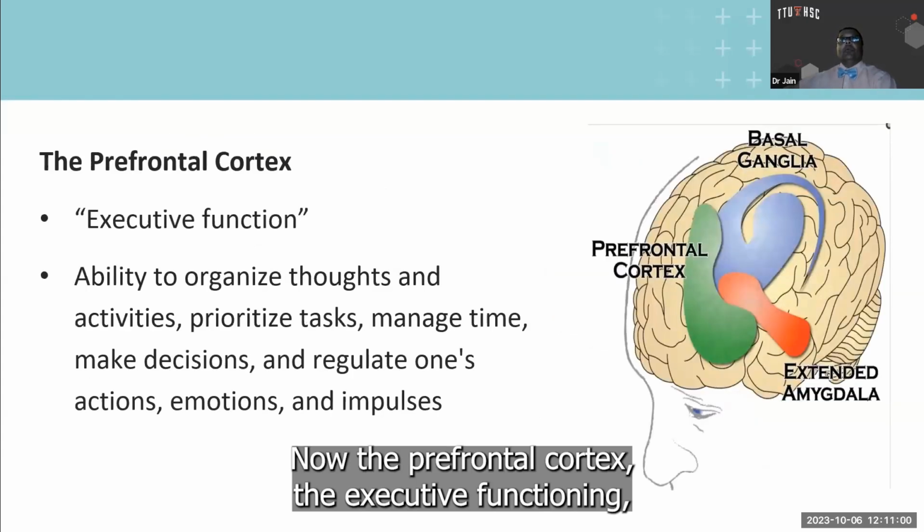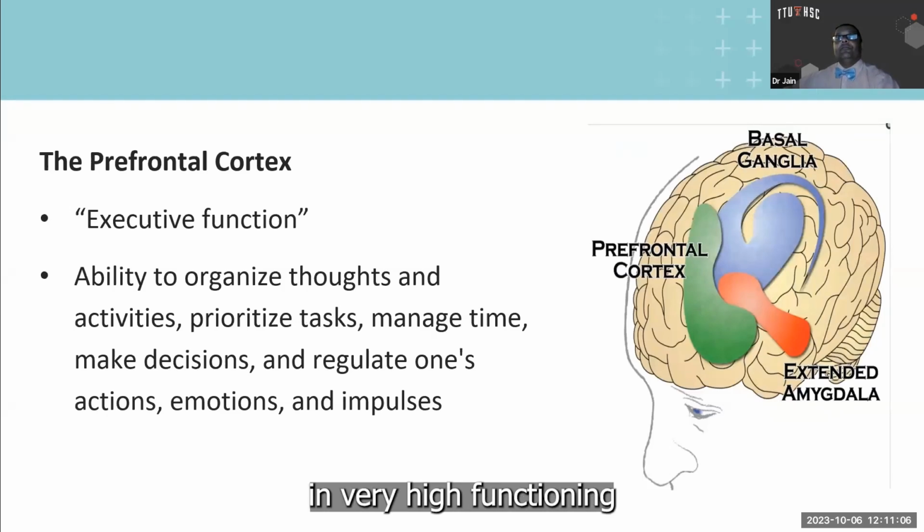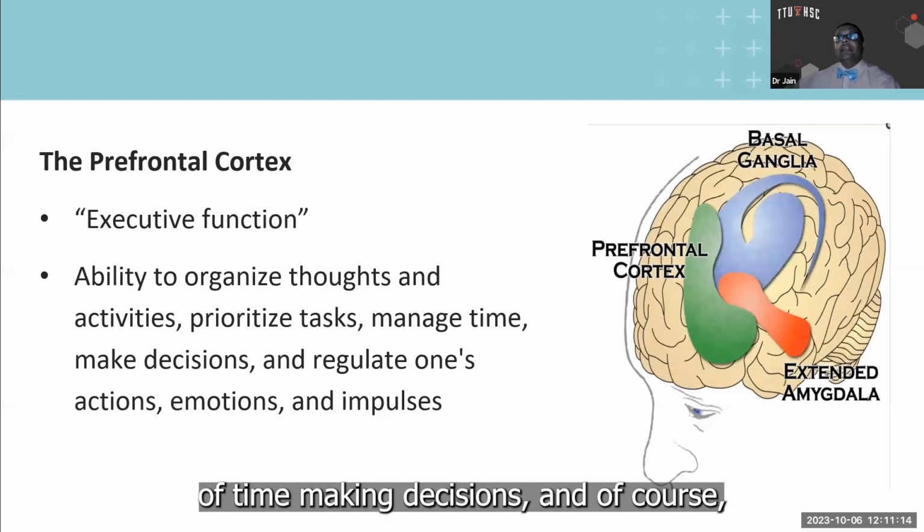Now the prefrontal cortex, the executive functioning, as we just talked about. Executive functioning involves very high functioning activities, mostly organization of thoughts, prioritizing tasks, management of time, making decisions, and of course regulating emotions and impulses, right? So that's the prefrontal cortex.